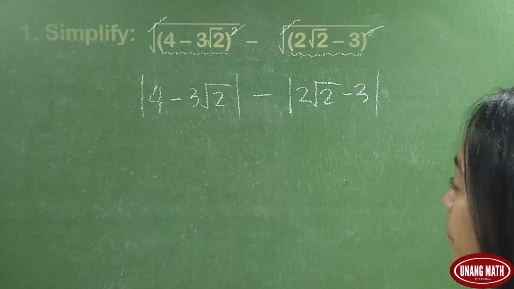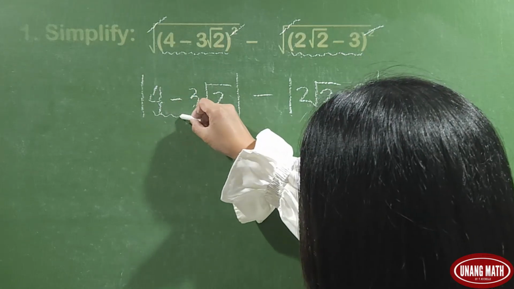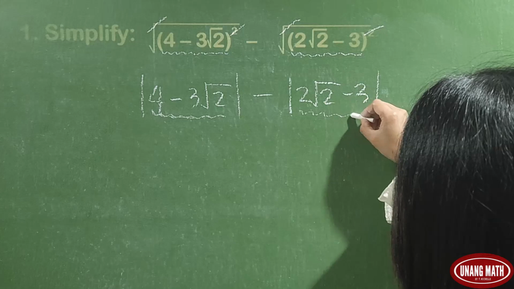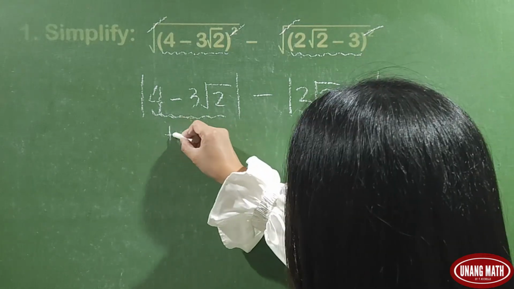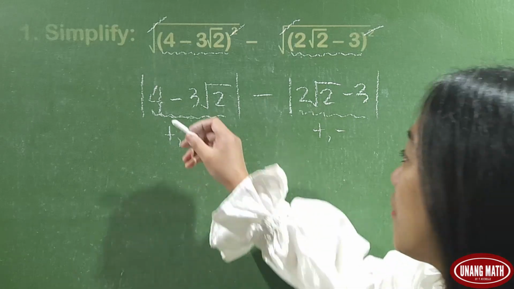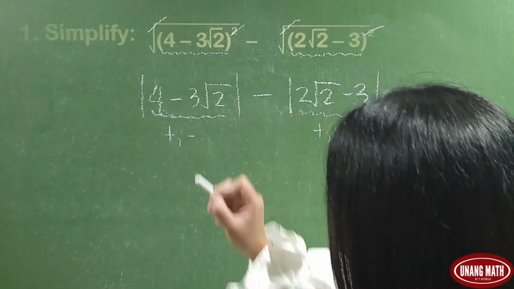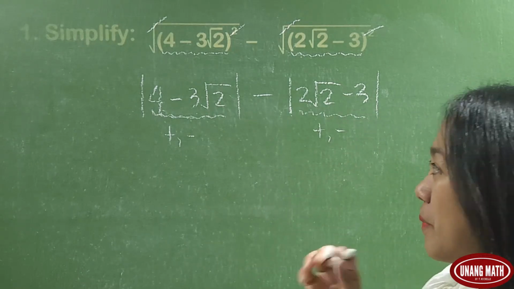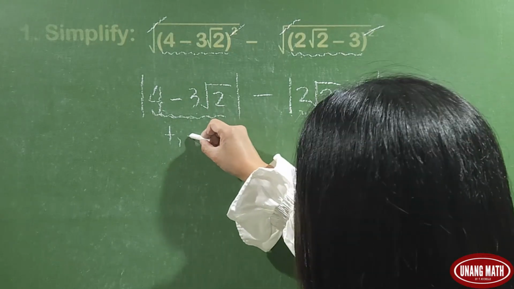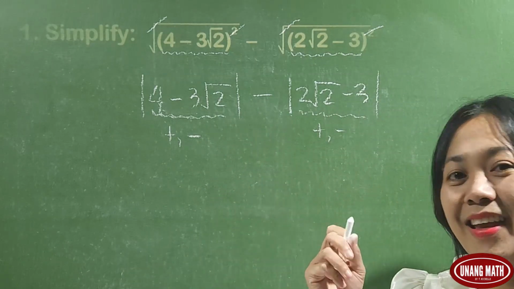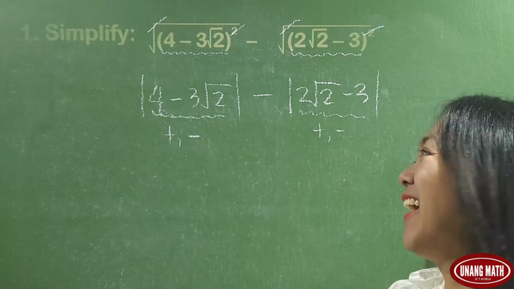Now, we're going to find out if the number inside this absolute value sign is positive or negative. If this value is positive, then we will just copy this number. But if this is a negative value, we have to change its sign.